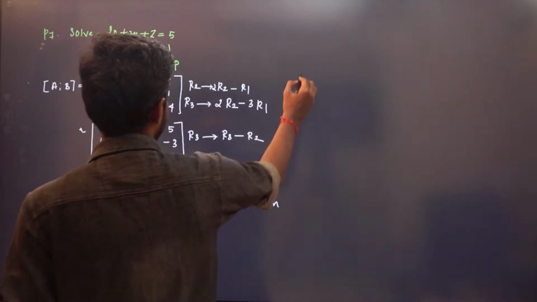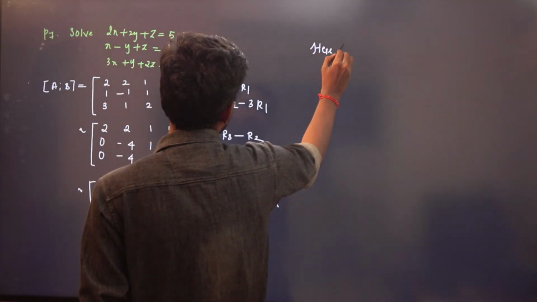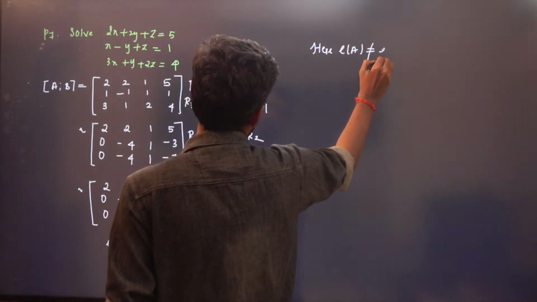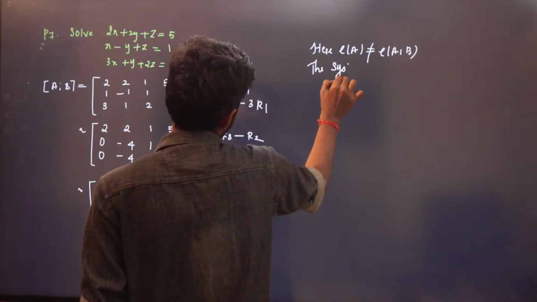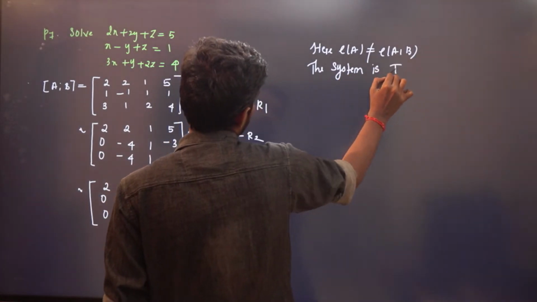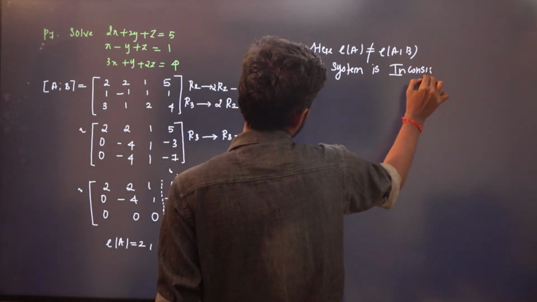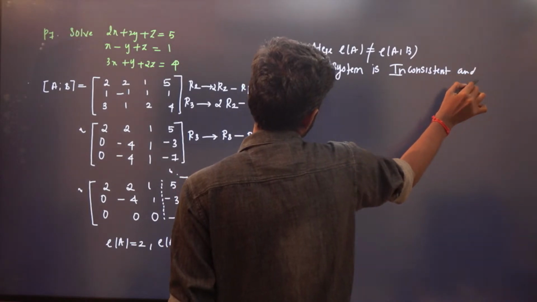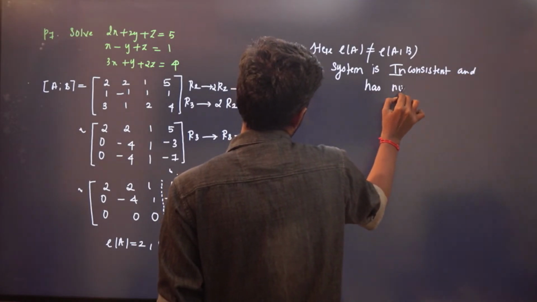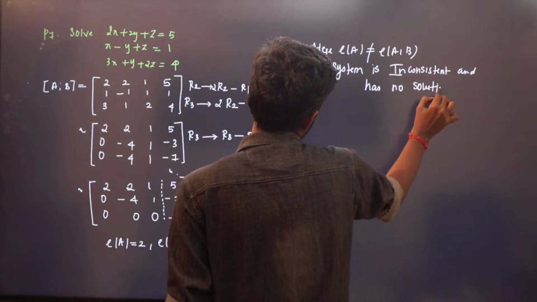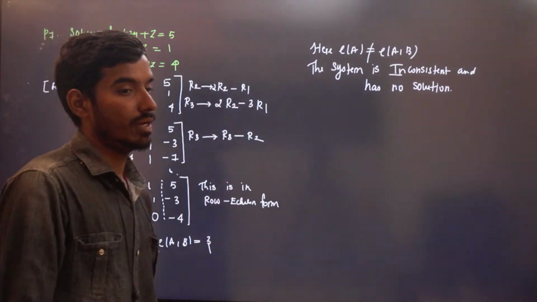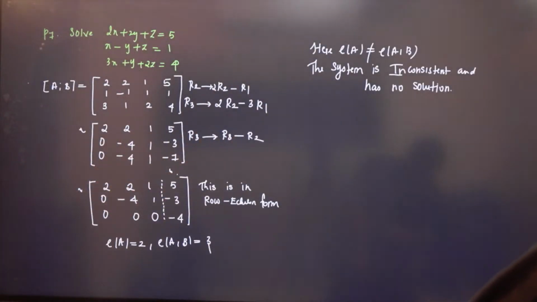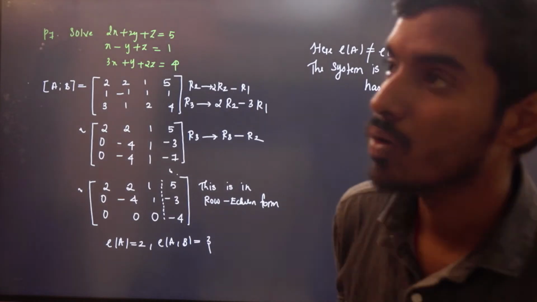So here, rank of A is not equal to rank of A comma B. The system is inconsistent and has no solution. That's it. Right? So whenever rank of A and rank of A comma B are not equal, the system is inconsistent and has no solution.